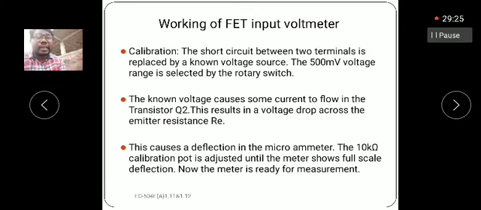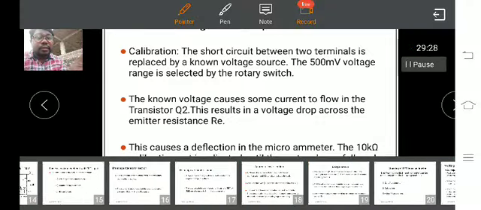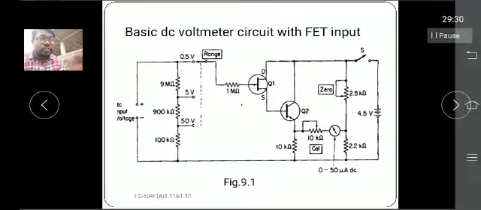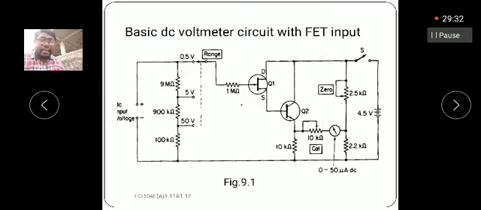With the help of the diagram I am explaining this particular part, the calibration. Here it shows the circuit. I am repeating again: the short circuit between the two test terminals is replaced by a known voltage source.